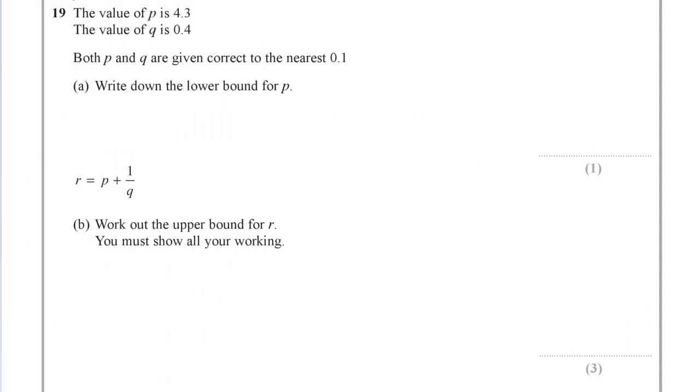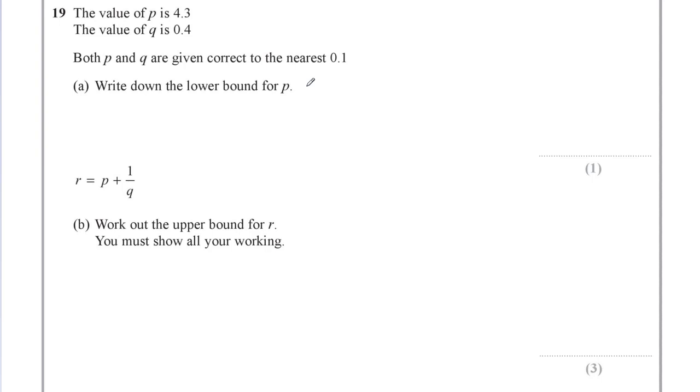Question 19. The value of P is 4.3. The value of Q is 0.4. Both P and Q are given correct to the nearest 1 decimal place. Write down the lower bound for P. Okay, looking at P, for it to be 4.3 rounded to the first decimal, the lower bound has to be 4.25.